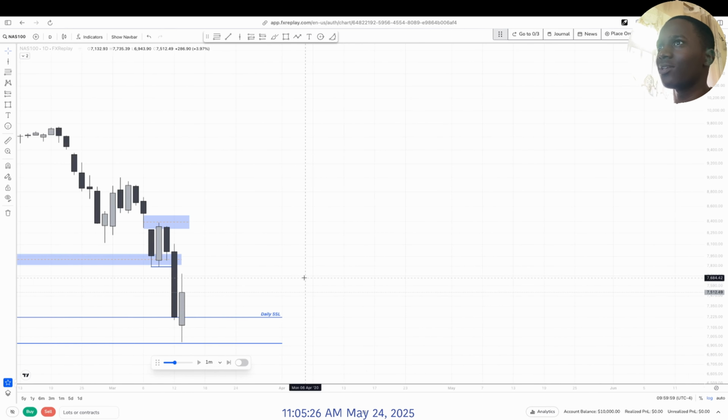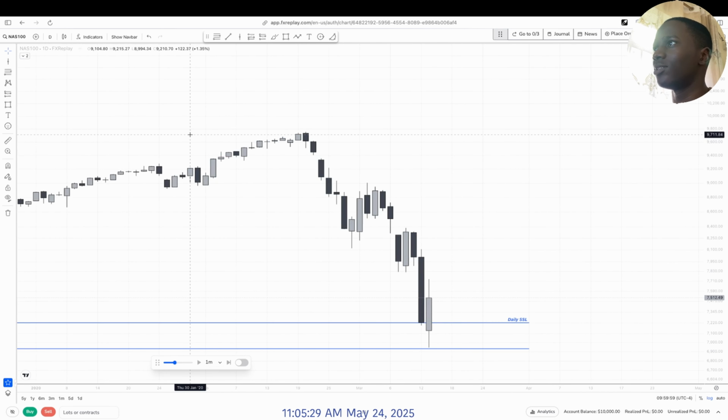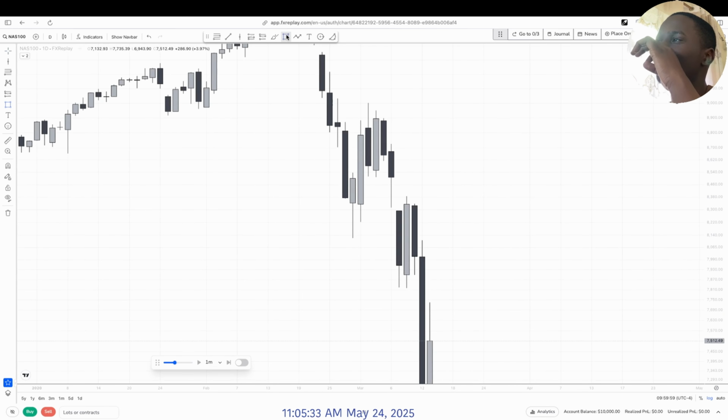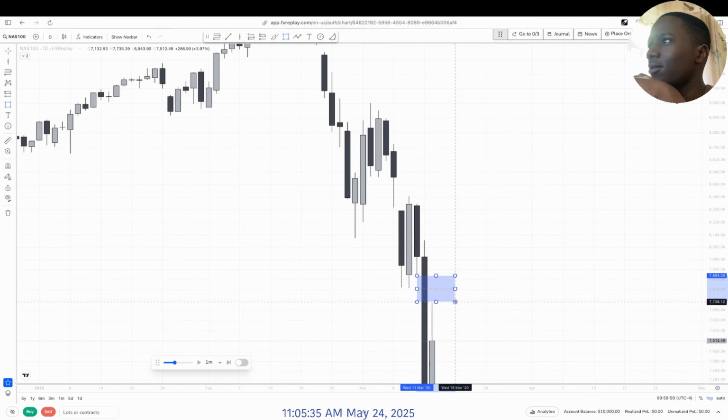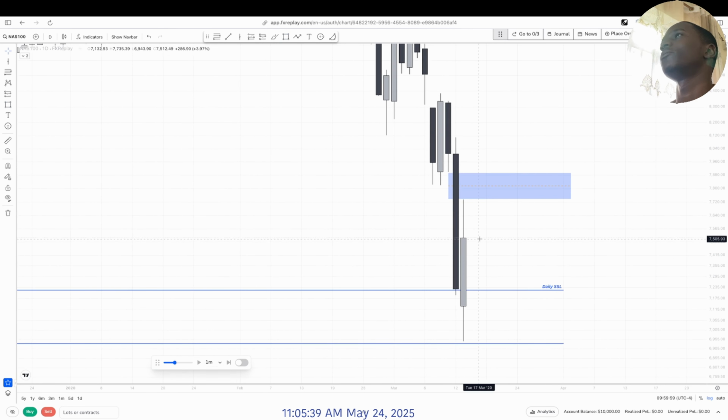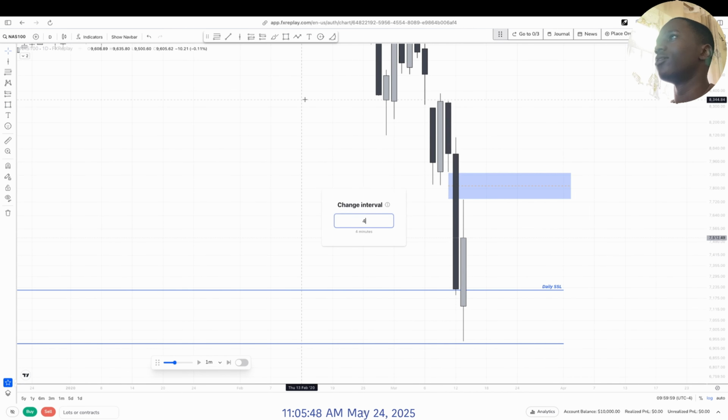If you can see, I think you can see it right here. Let me remove these images. You can see that we have a daily fair value gap here, and if we are reversing, we might fill this gap and then push higher, or if we aren't, fill this gap, test this other block, and then drop.